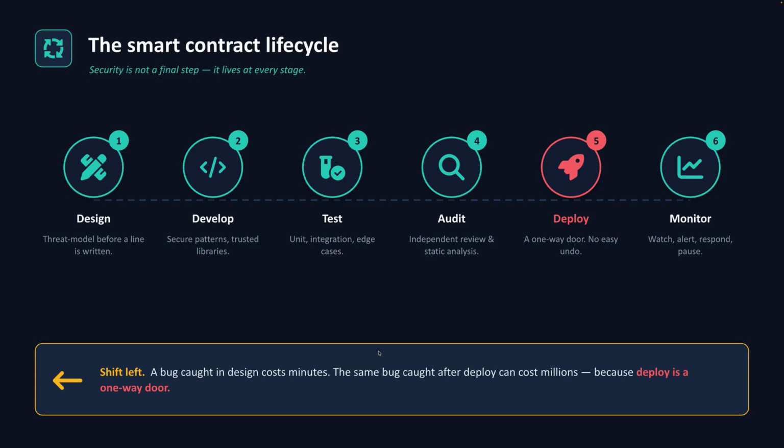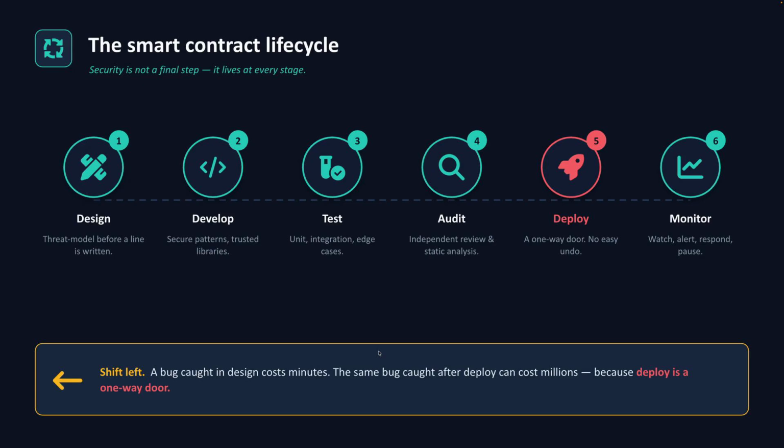After deployment, we go into the monitoring phase, wherein we watch, alert, respond and pause depending upon the interactions or the transactions happening in our smart contract. Thing to keep in mind is security is not a final step, it lives at every stage. A bug caught in design costs minutes.